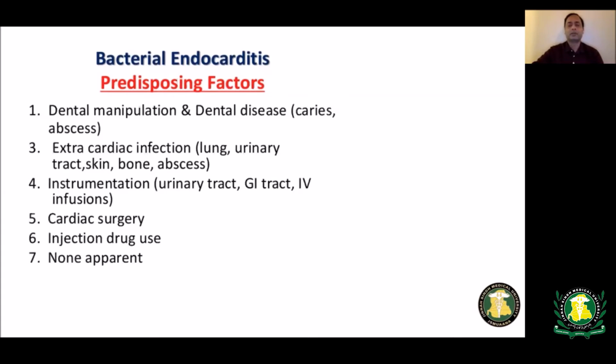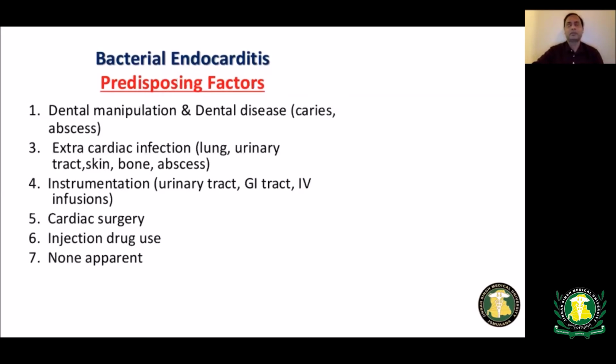But the most common cause is intravenous infusion. If you put in a central line such as a PICC line, which is a central venous line, or we use an IJ for administration of chemotherapy or antibiotics or some other chronic medicine, or people who have a dialysis catheter in the jugular vein, subclavian vein, or femoral vein, those patients are directly exposed to bacteria and have an increased risk of infective endocarditis.